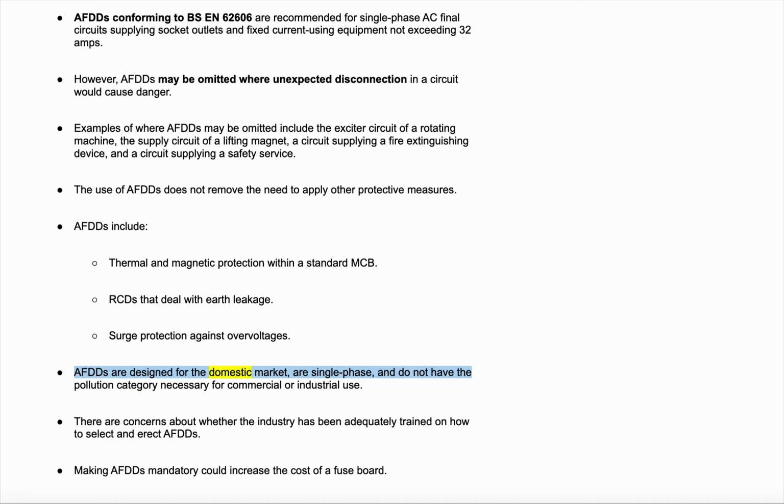AFDDs are designed for the domestic market, are single-phase, and do not have the pollution category necessary for commercial or industrial use. There are concerns about whether the industry has been adequately trained on how to select and erect AFDDs. Making AFDDs mandatory could increase the cost of a fuse board.